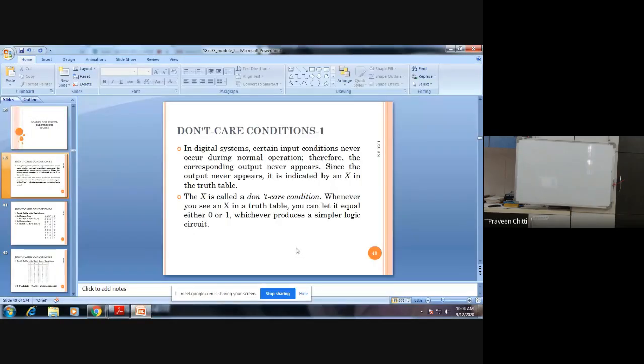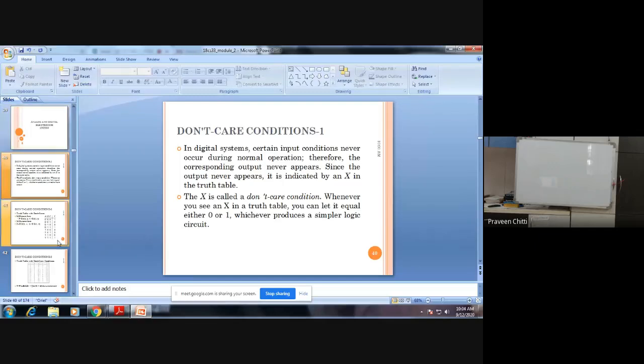So certain input conditions never occur during normal operation, and hence their output also will never appear, and such outputs will be indicated by don't care, denoted by the letter X. Either you can write capital X or small x, that represents a don't care condition, and this X can be treated as either 0 or 1, whichever gives you simpler logic in the simplification process.